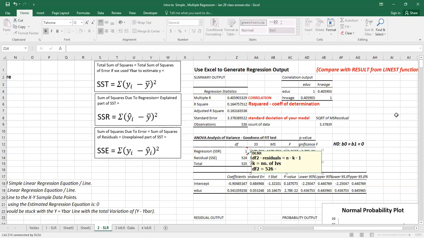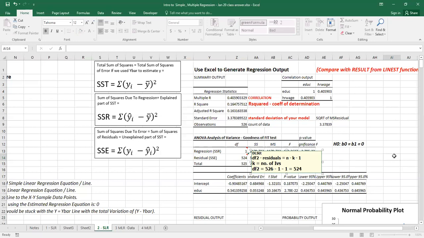Minus, ilan yung k natin? Number of independent variables, isa lang siya, sa education lang, minus 1 is equal to 524. Para sa yung minus 1? The minus 1 there is to account for your intercept. Kasi nawawalan tayo ng degree of freedom ng isa because we have to estimate the intercept. Okay, clear to, guys?